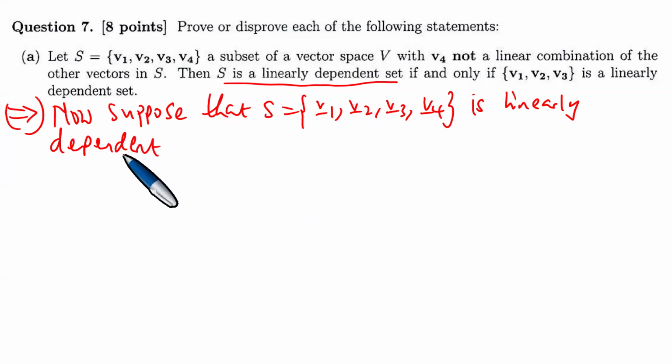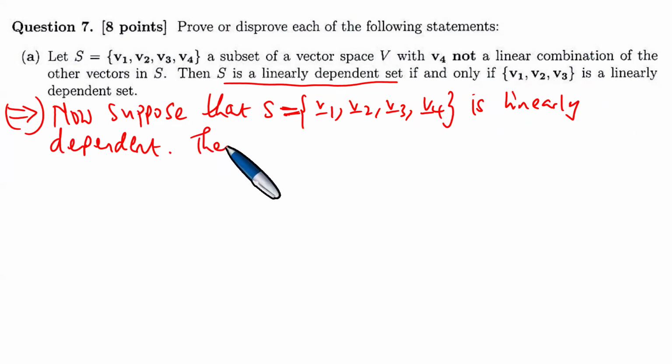You start with S being linearly dependent, then you want to prove that these fewer ones would also be linearly dependent.